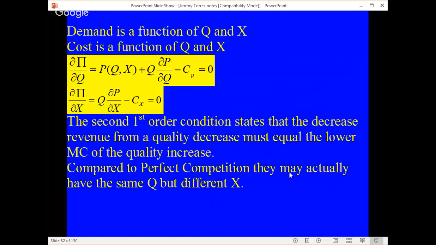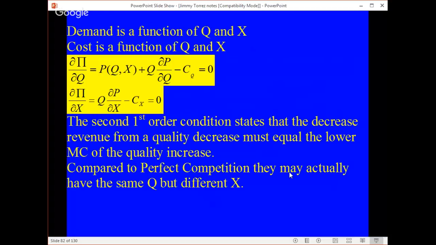Now, if I change quality, X, I get Q times the partial of P with respect to X. Of course, Q is not a function of X, it's just Q, but P is, minus the marginal cost with respect to X. So basically now I have two first order conditions.